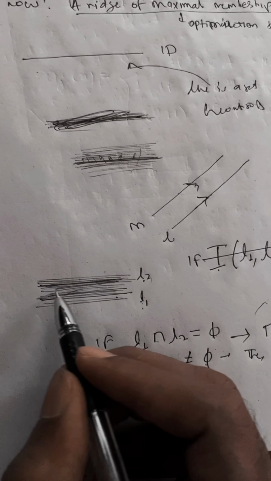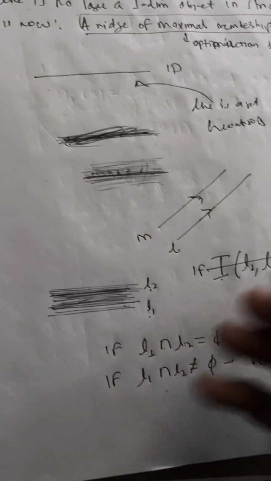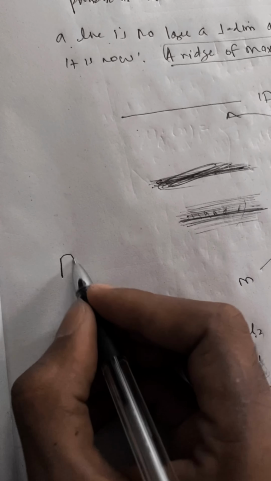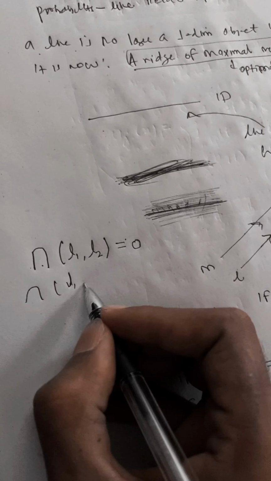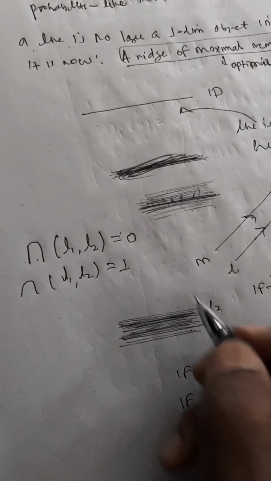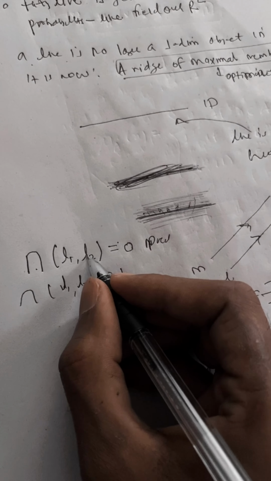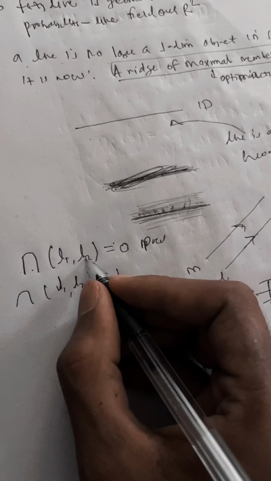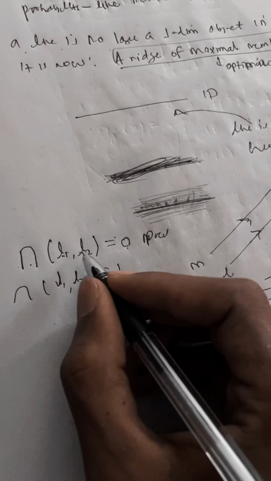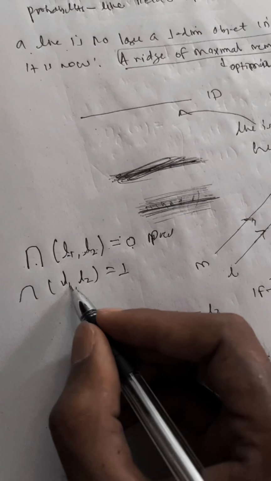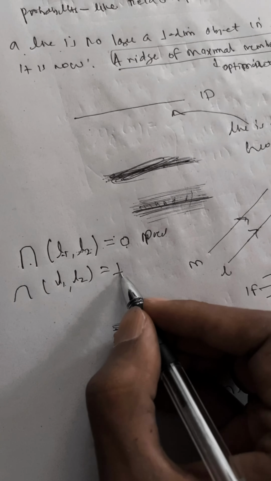But here, the fields are overlapping, so we need a different kind of function. We need to define intersection. The intersection of two lines L1, L2 is not just 0 or 1. 0 means parallel: L1, L2 has no intersection, no common element, so they are parallel. Intersection 1 means they are meeting.